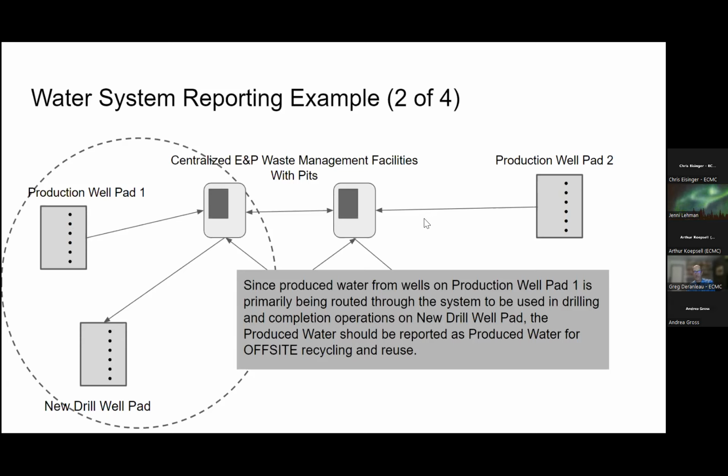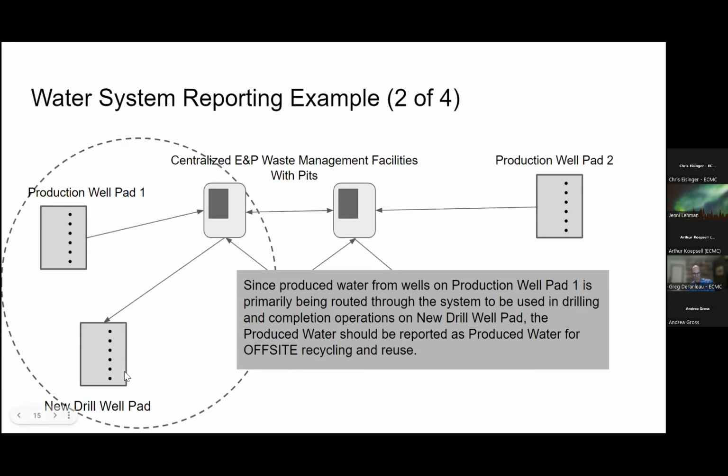In aggregate, the operator would need to be mindful of the total volume going through their centralized facilities and going out to the new drill pad. For example, if there's 100 barrels of water produced from each of these wells, that's 600 barrels of water.